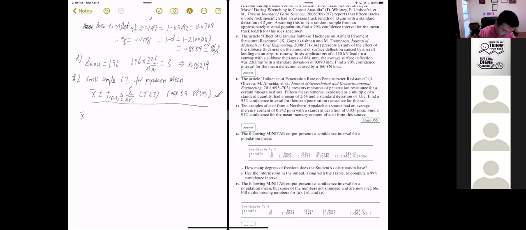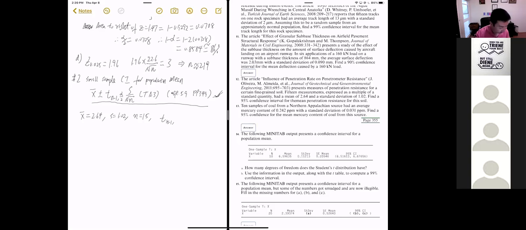Just get parameters from the question. Sample mean 2.64, sample standard deviation 1.02, sample size is 15, small sample. Then for the t value, the degree of freedom is n minus 1, so 15 minus 1, which is 14.